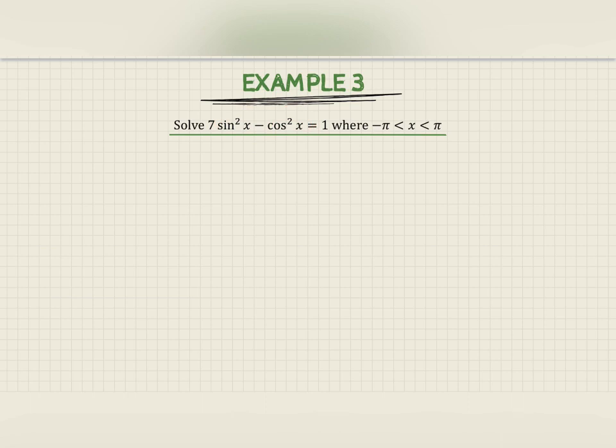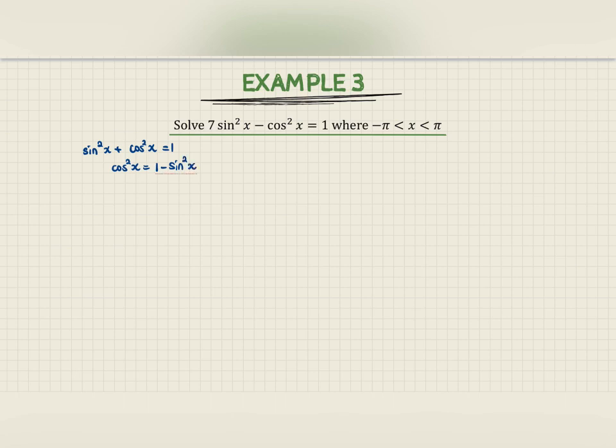So saya akan gunakan identities. So identity apa yang kita ada? So using the basic identities, sin square plus cos square x equals to 1. So let's say saya jadikan cos square x as our subject, I get 1 minus sin squared x.